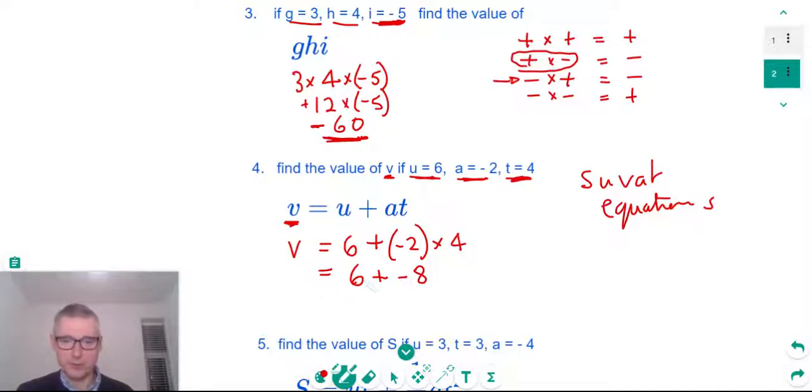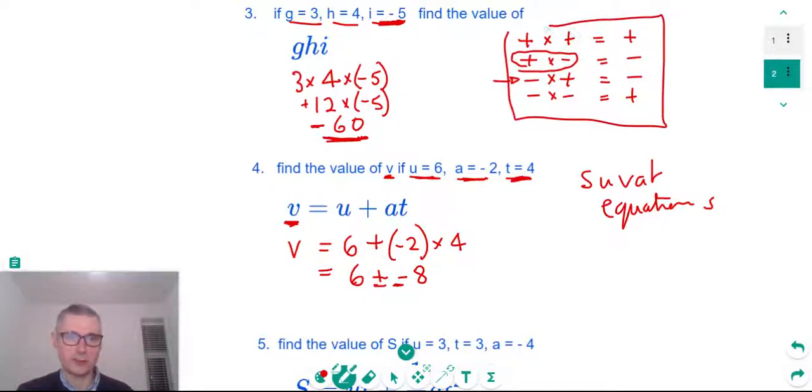Now what we need to do is decide what we're going to do with a plus and a minus next to each other. So it follows the same rules actually as the times table thing that we've got here. You can think of this as a little table of how we deal with it.